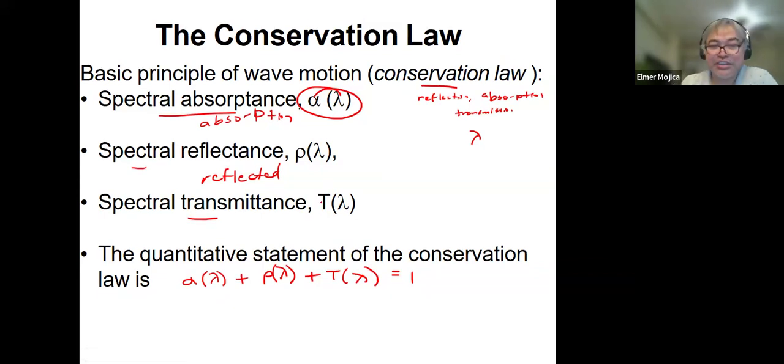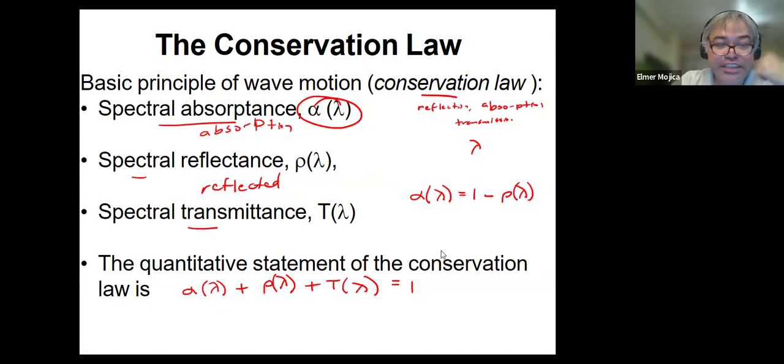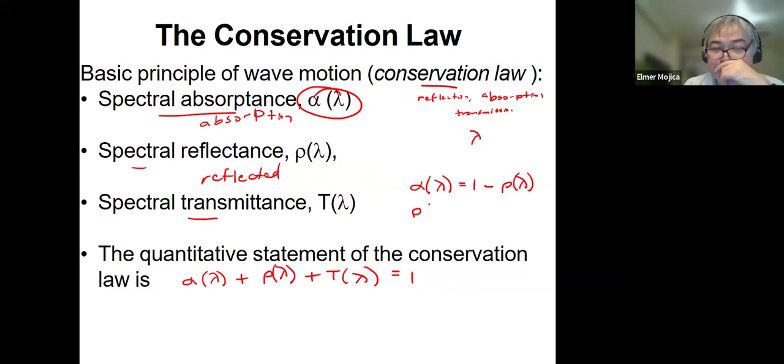So maybe we could say that this is 1 minus, there's no reflectance, so you can put it like that. In the absence of absorption, the spectral reflectance is going to be the other way around. So if absorption is not there, you can put it like this.